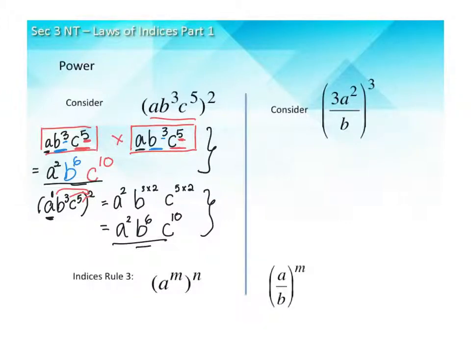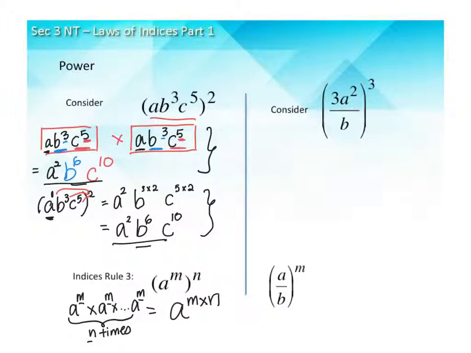So technically speaking, what is a to the power of m, bracket, to the power of n? This means a to the power of m times n, hence we will have n groups of the power m, which gives us a to the power of m times n.